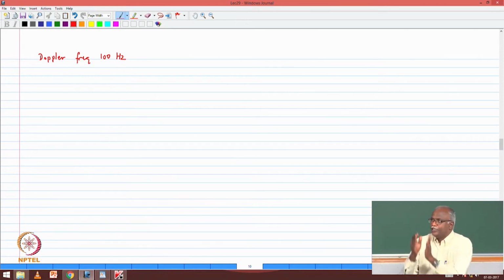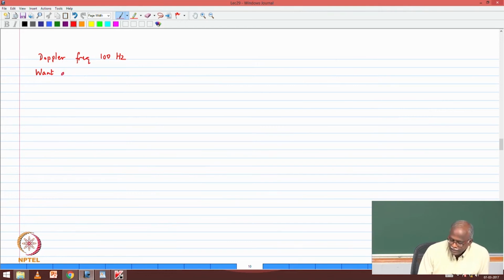Okay. So go back to our example. Doppler frequency 100 Hertz. Now let us say that we want to have a certain resolution of the FFT process. So let us say we assume that we want this condition.